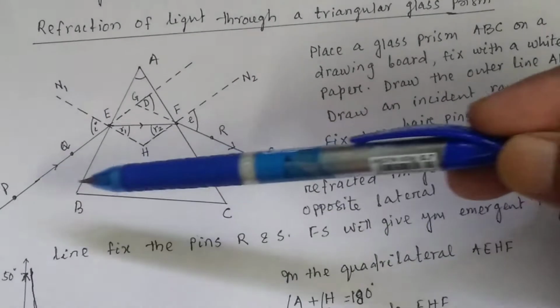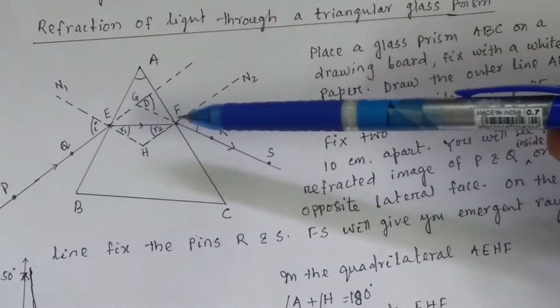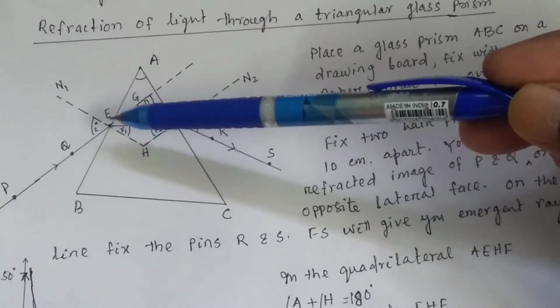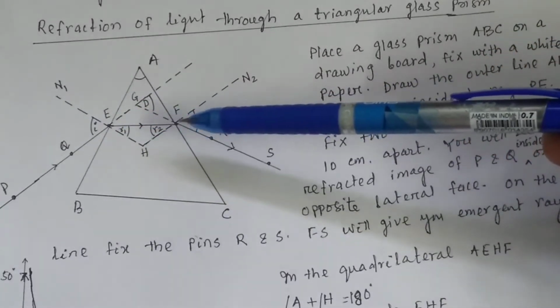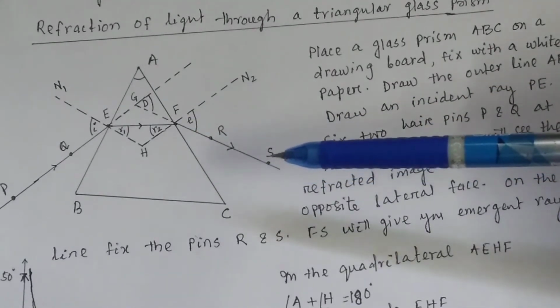So PE will be your incident ray, EF will be the refracted ray and FS will be the emergent ray.